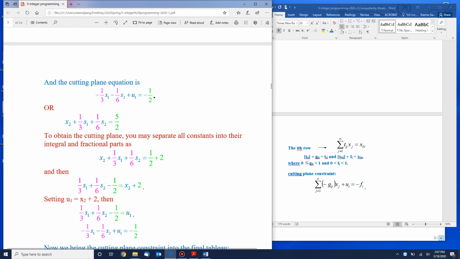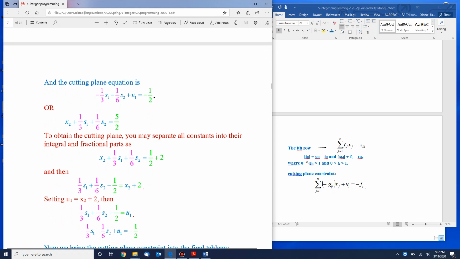So to repeat, directly from the row equation, you separate the constants into integral and fractional parts, and then you move all those fractional parts to the left and the integral parts to the right.